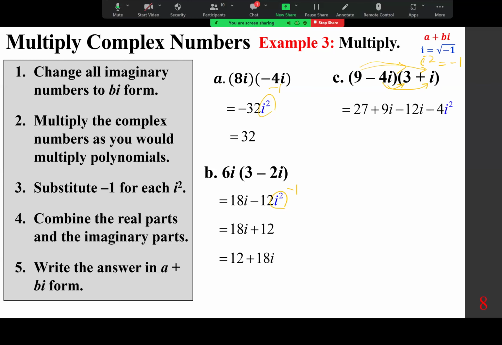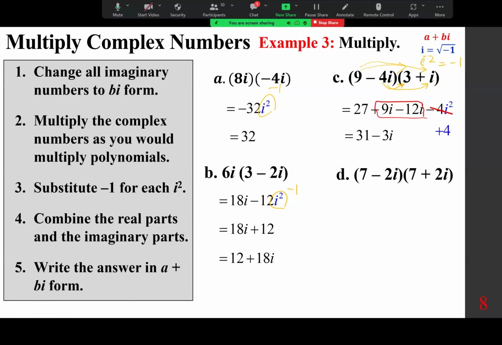So it's a simple foiling. Now, since i squared is negative 1, this changes to positive 4. So we can combine these two, 27 and 4, into 31. And these two to negative 3i. And that would be the final answer.